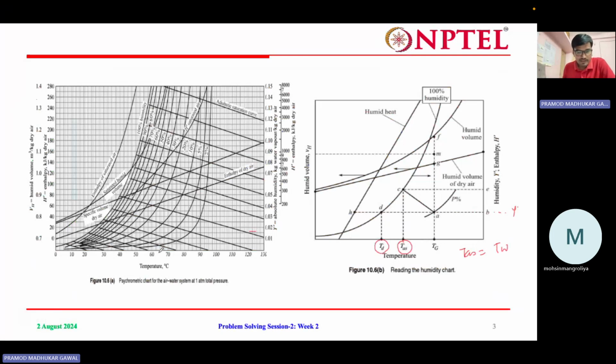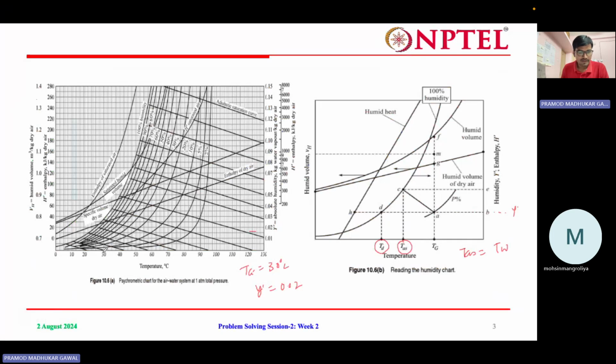For example, take any temperature, like TG equal to 30 degrees Celsius, and humidity, say Y equal to 0.02. We have to calculate the adiabatic saturation temperature and the dew point temperature.